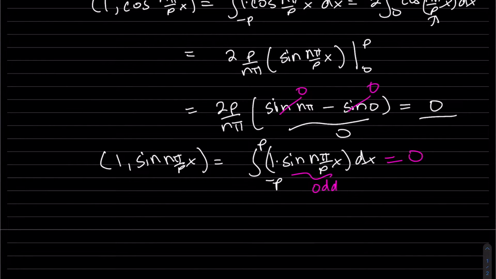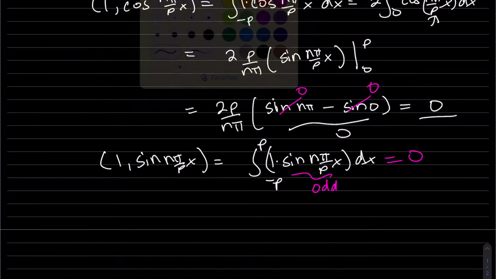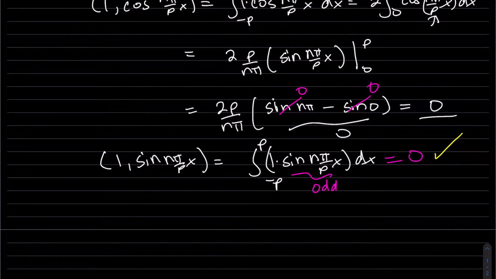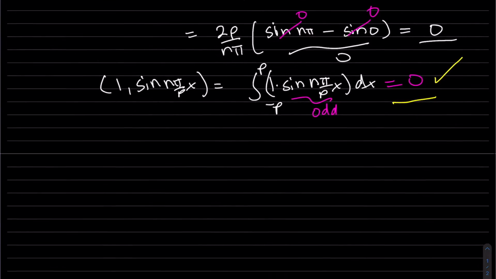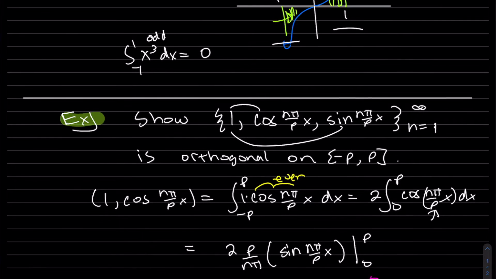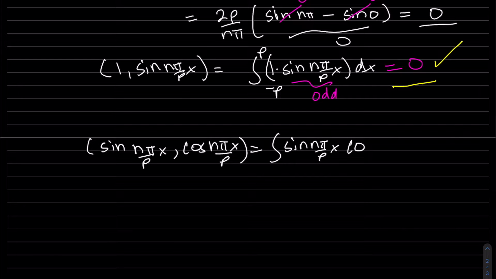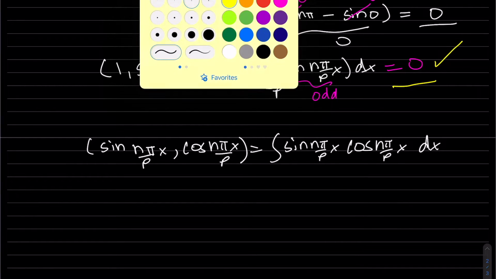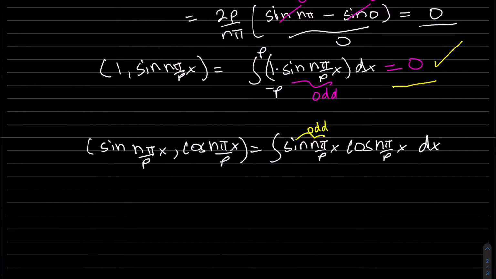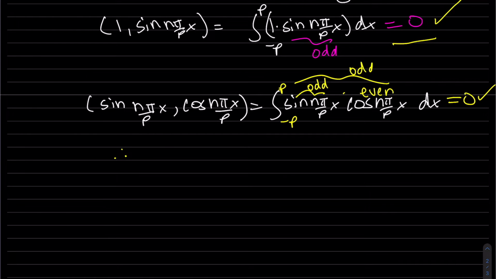So therefore, that's 0. So that gives us immediately that it's orthogonal. And now our last one is this times this. It's the product, but we have an odd times an even. When you multiply an odd times an even, you get odd. And this is from minus p to p, so we get 0. So we have proven the set is orthogonal.